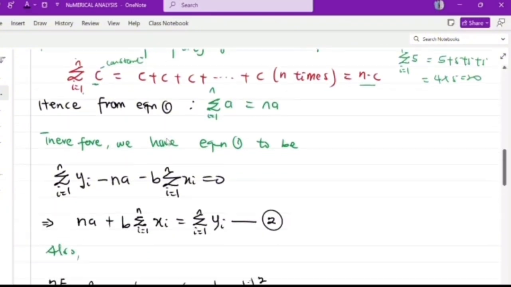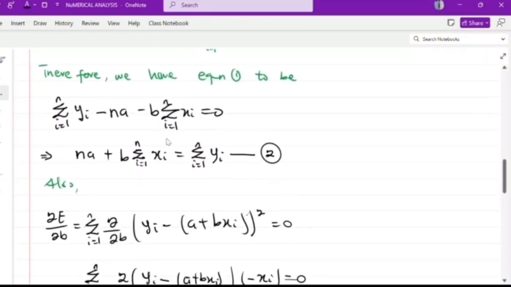When you write this one as na, our equation will turn to this. From here, when you make the summation of y_i the subject, you are going to get this equation, and this equation is going to be our equation 2.